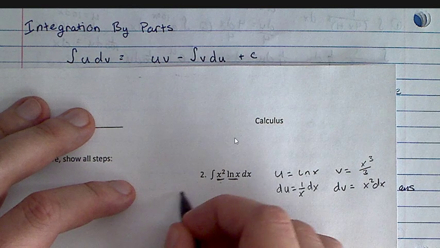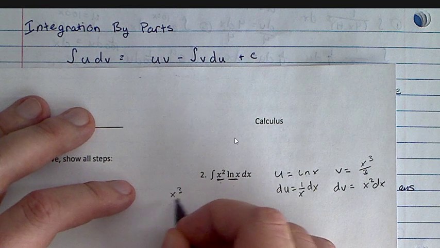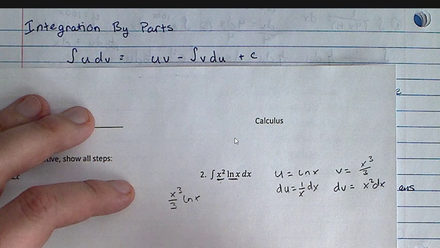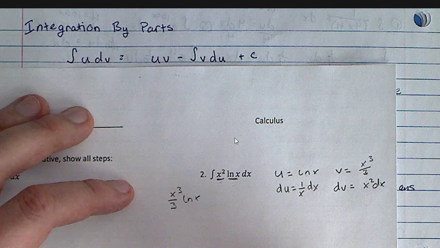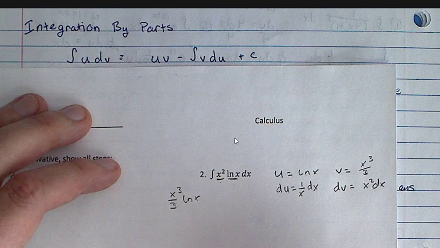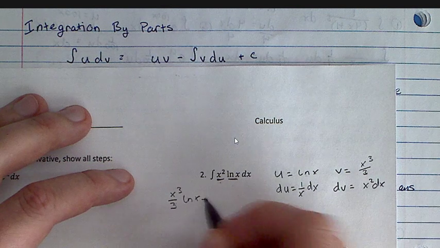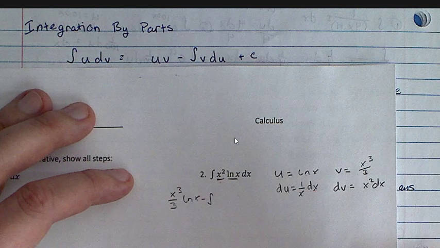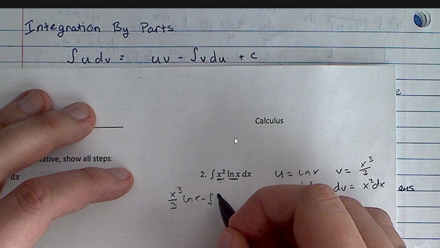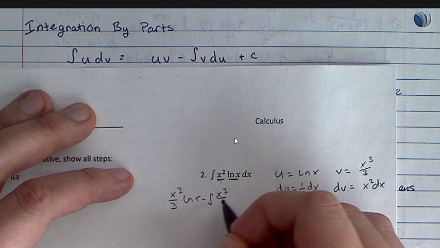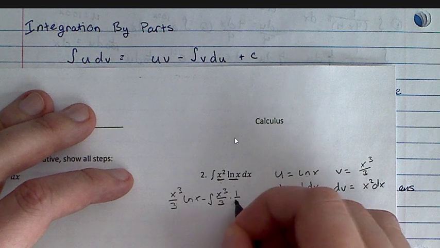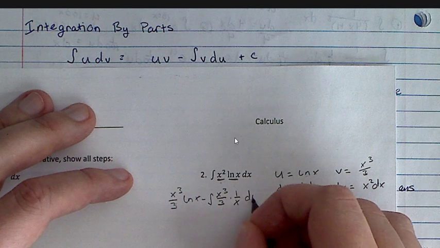So x to the third over 3 ln x. So that's uv, minus the integral of v du. So v is x to the third over 3, and then du is times 1 over x dx.